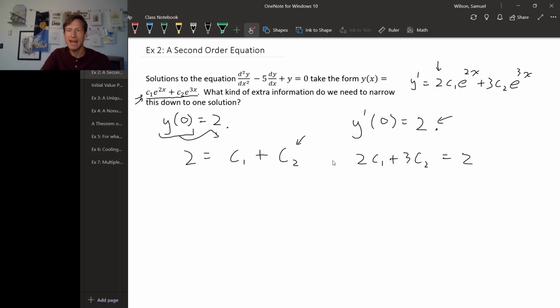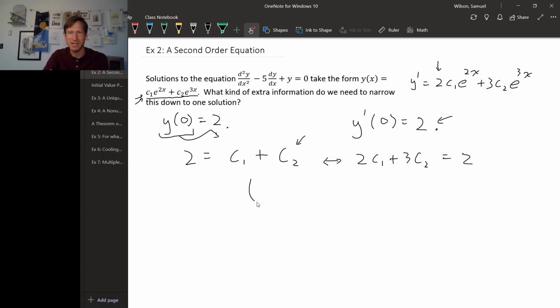And now taking these two equations together, you see that we have a system of two equations and two unknowns. And in fact, they're both linear algebraic equations. And so there is going to be a solution for this. All we need to do is solve this system of equations.